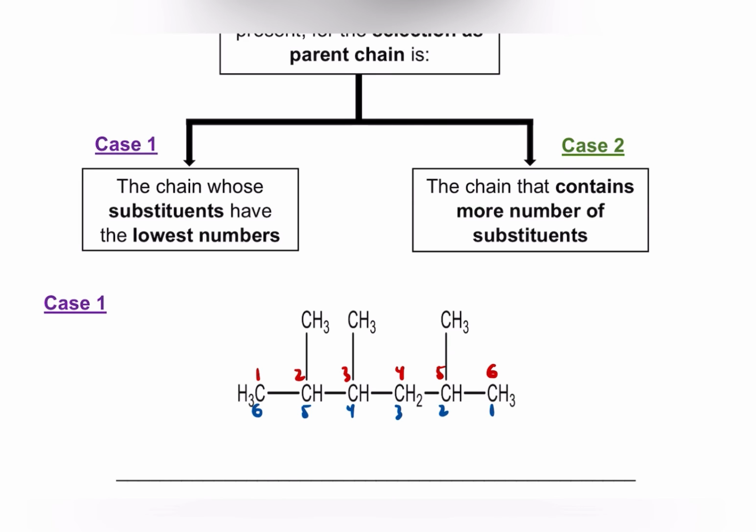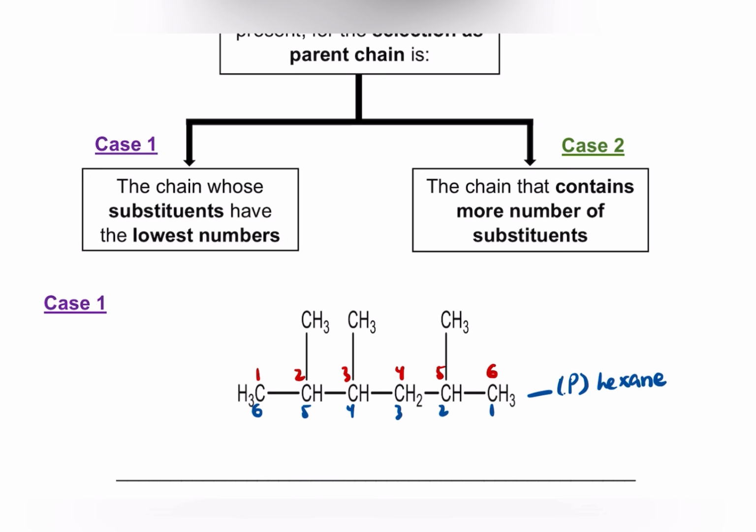As you see from here, the numbering is just the same, 6 of them. Now, I got 3 substituents here. So my name for the parent is hexane. I'm going to write it down just beside it.